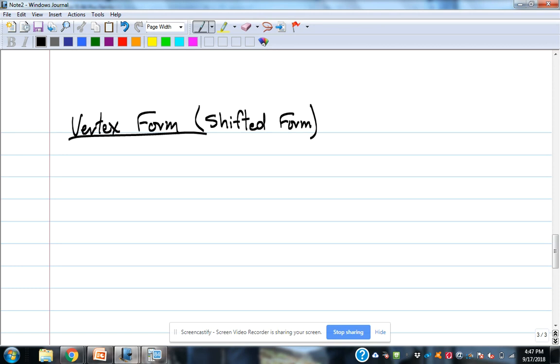It's the same stuff. Okay, vertex form looks like this: f of x equals a parentheses x minus h squared plus k. All right. Now, that a that's in front is the exact same a from standard form. It does all of the same things.